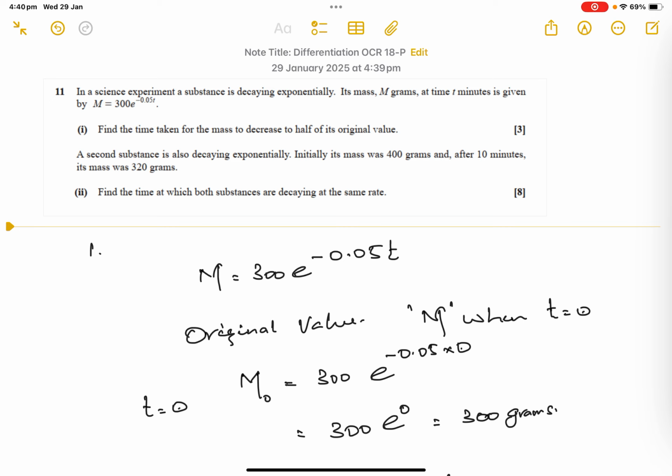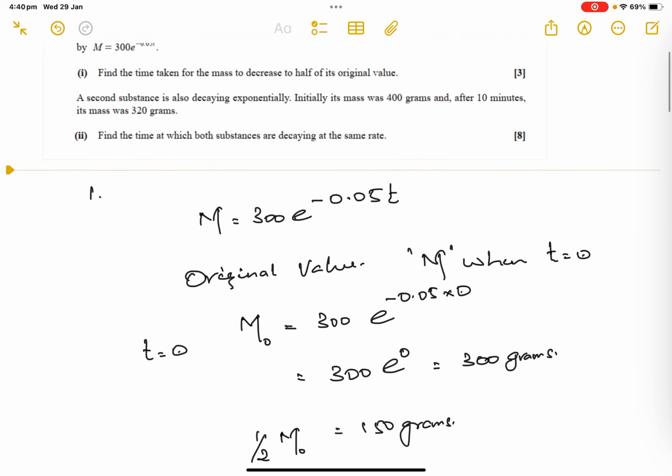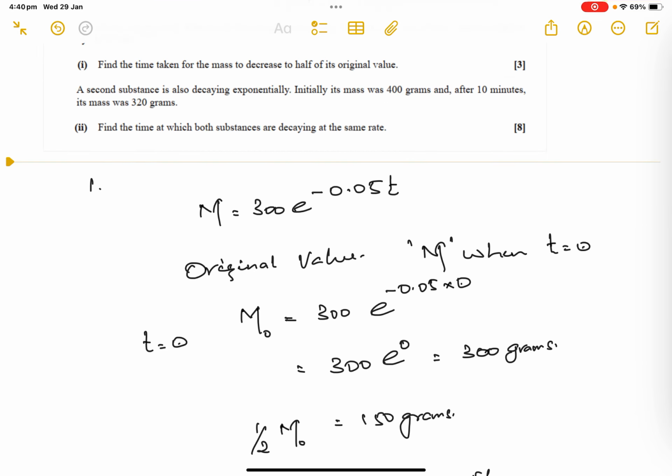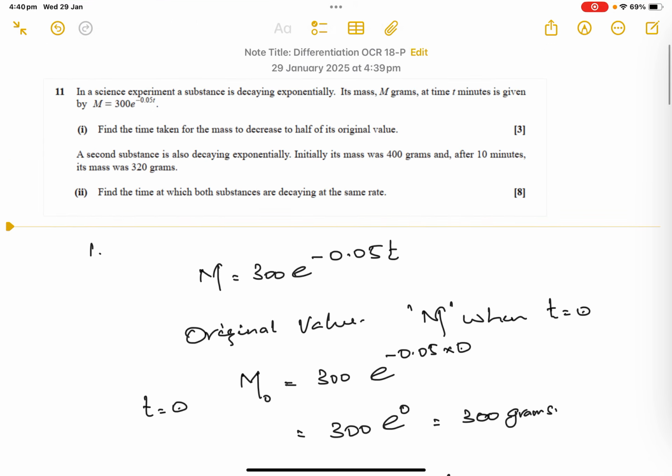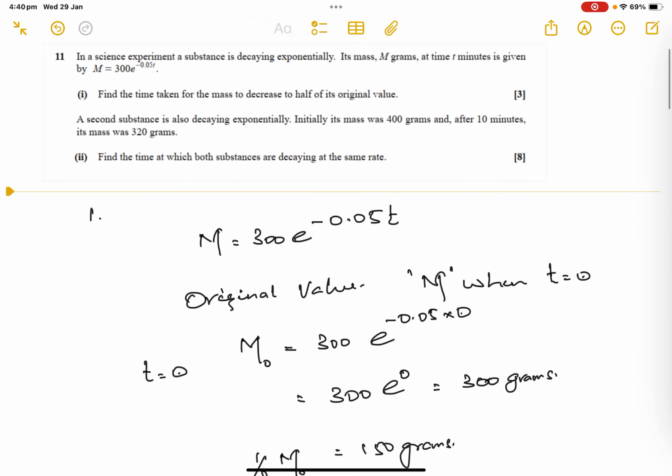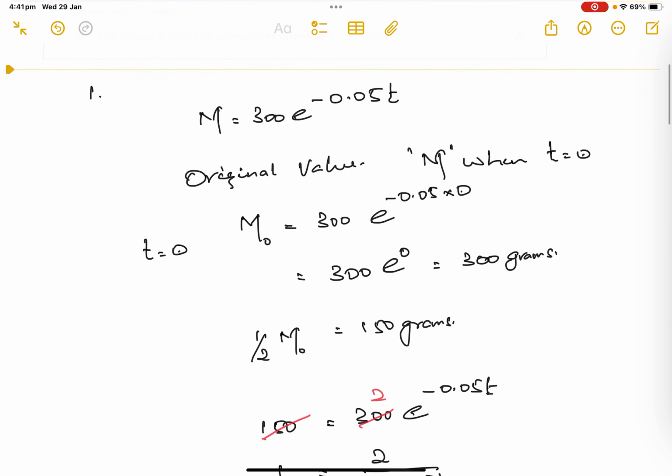So let's deal with this part of the question. The model equation is m equals 300 e to the power of minus 0.05t. Before finding half of its original value, we need to find the original mass of that substance.